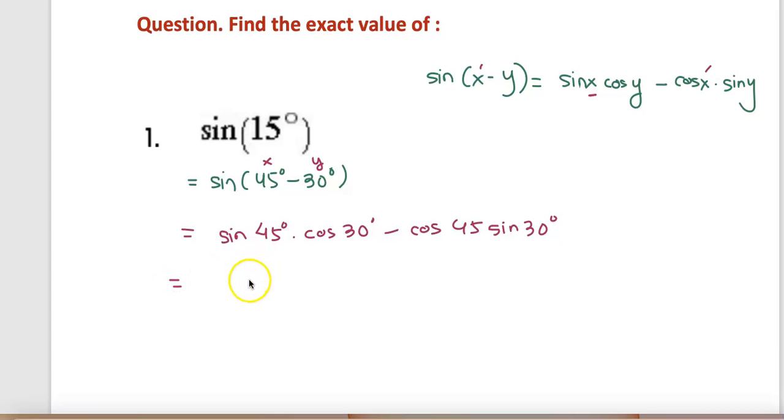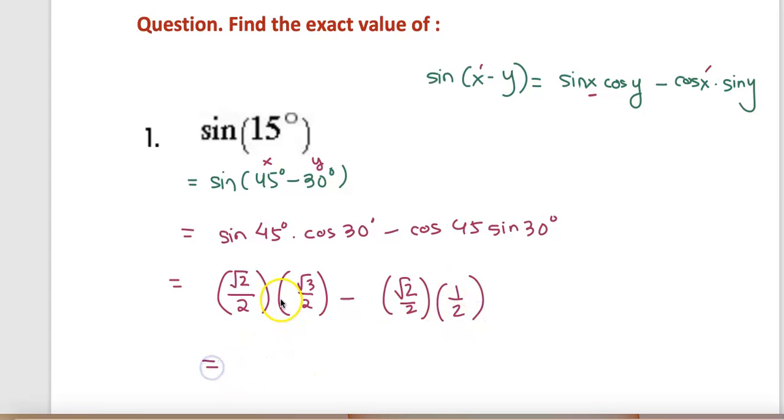Our values are: sine 45 from the unit circle is radical 2 over 2, cosine 30 is radical 3 over 2, minus cosine 45 is radical 2 over 2, and sine 30 is 1/2. I got these values from my unit circle.